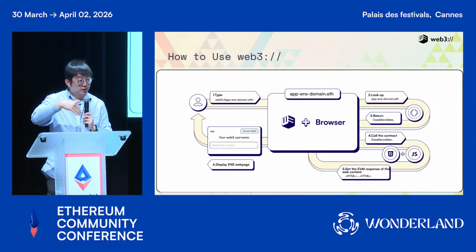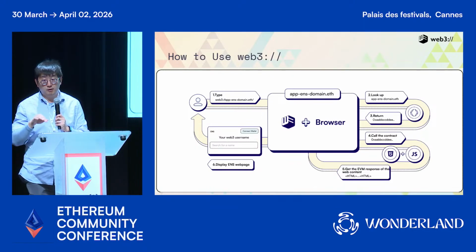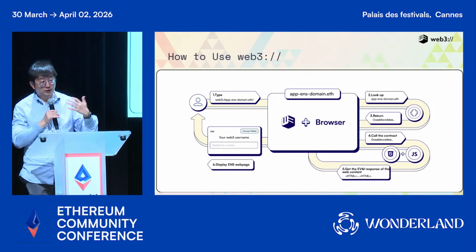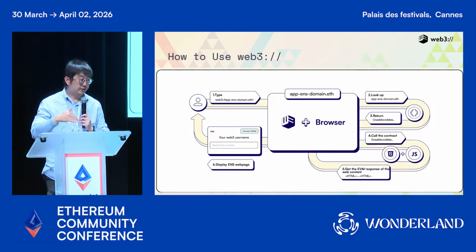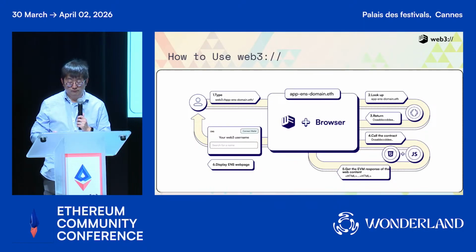So the relative address resource resolving is directly inherited from HTTP, so that we can fully power the existing features of HTTP while just replacing the corresponding centralized components with Ethereum.